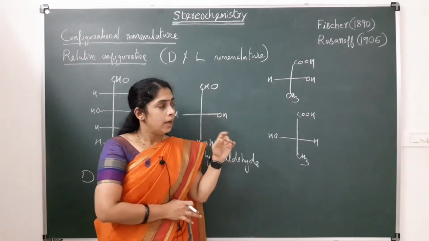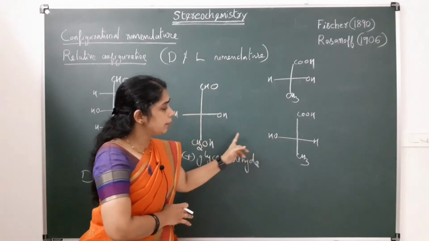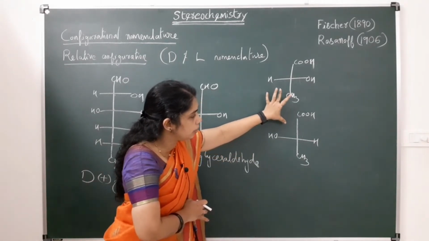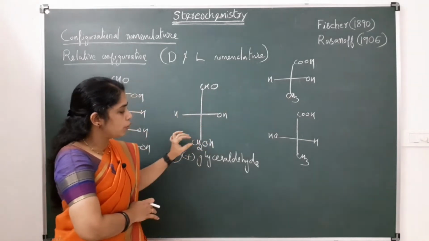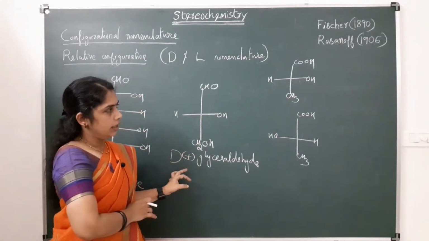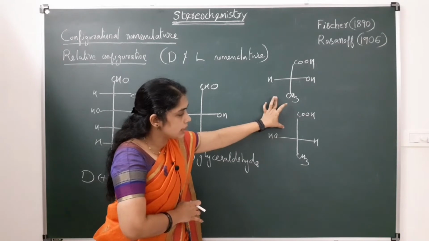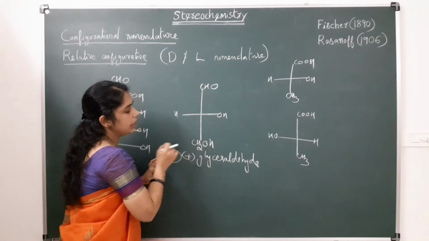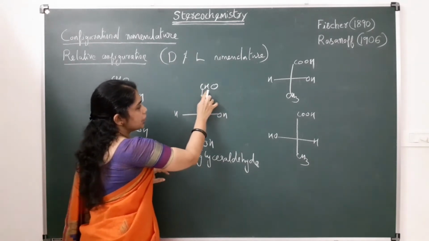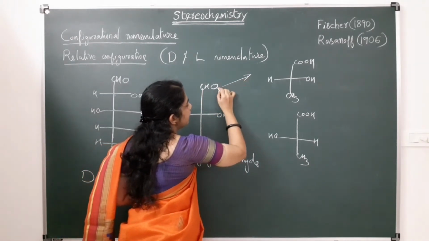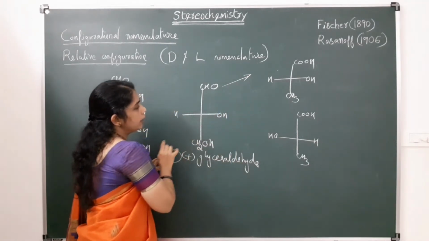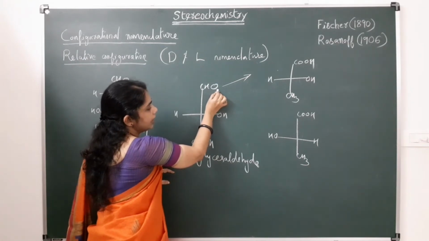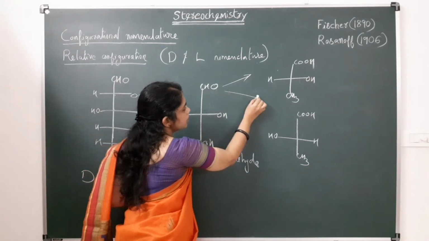But here, both these enantiomers are able to be produced from this same D plus glyceraldehyde. If the CHO group is oxidized, it can be converted into COOH, and at the same time the CHO group on reduction can be converted into CH3.